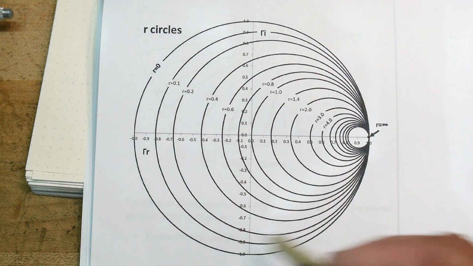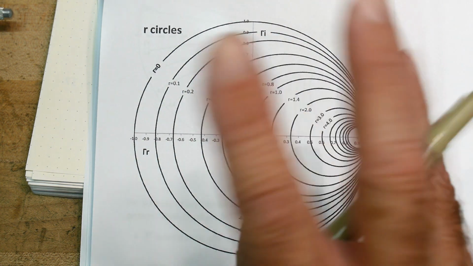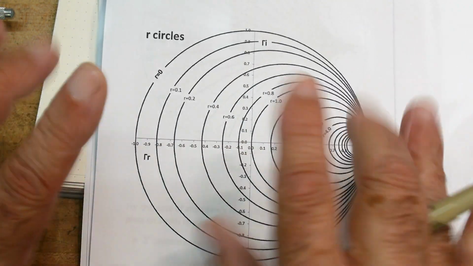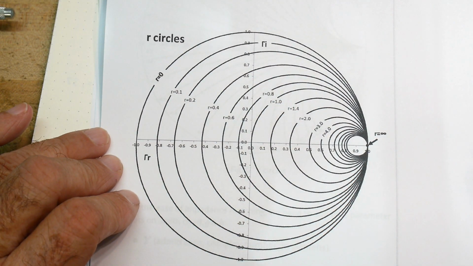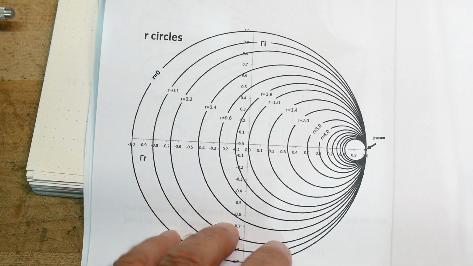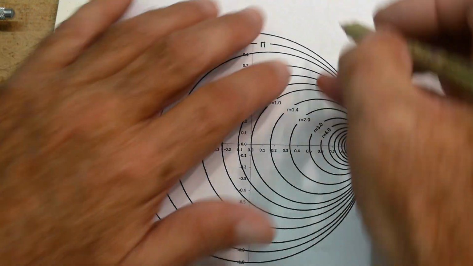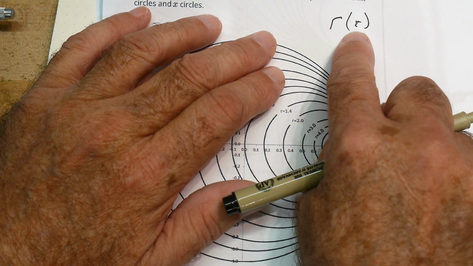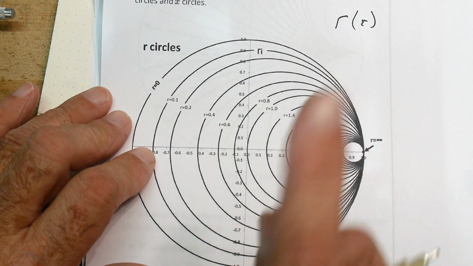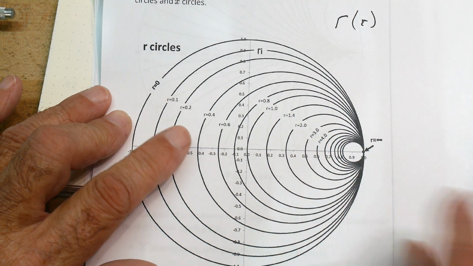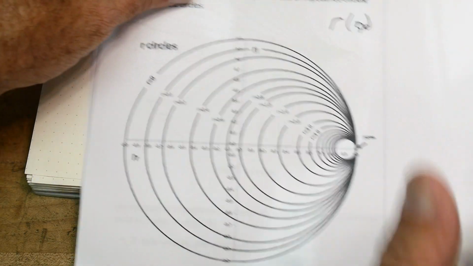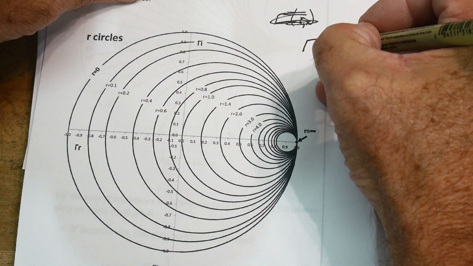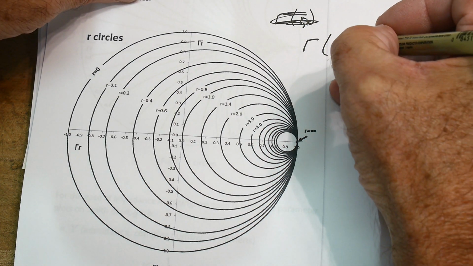We're still plotting gamma, which goes from 0 to 1, 0 to -1, -1, +1. This is still gamma. But we're going to take equation number 5, which is gamma as a function of resistance and reactance.